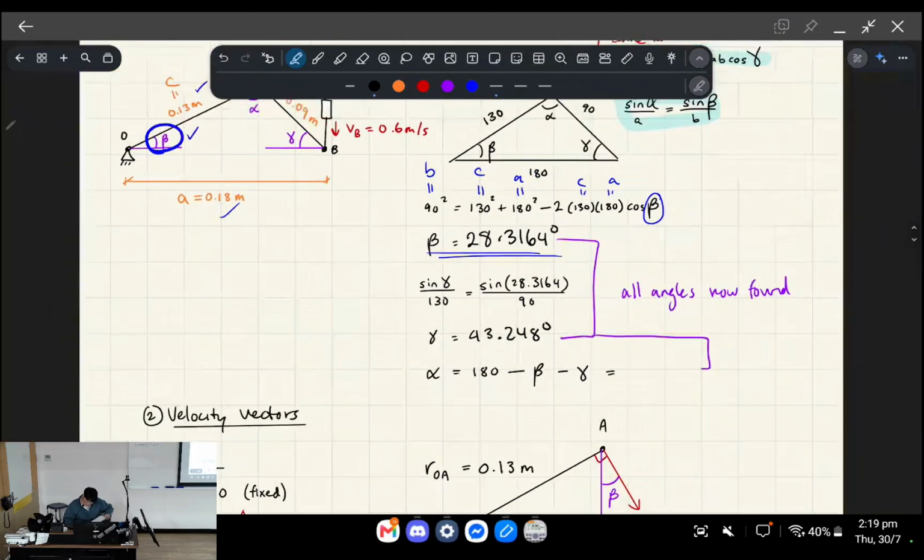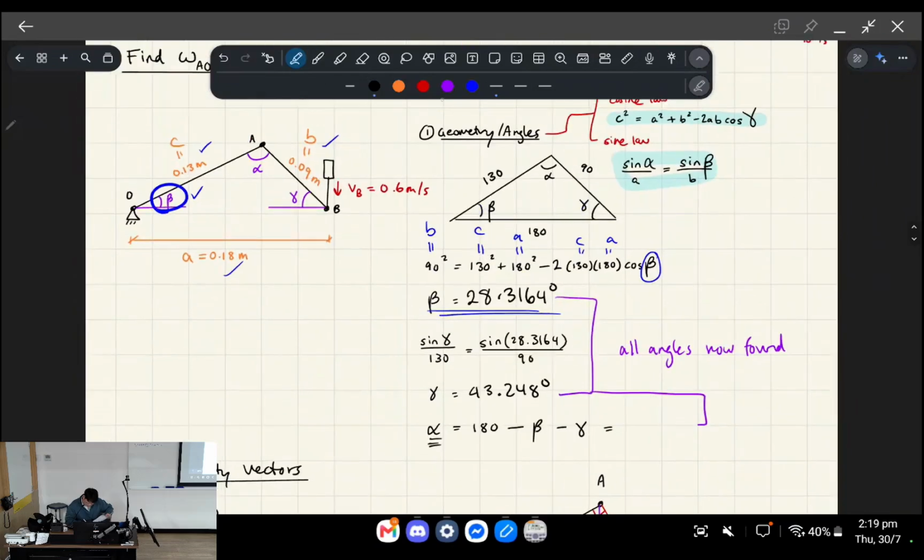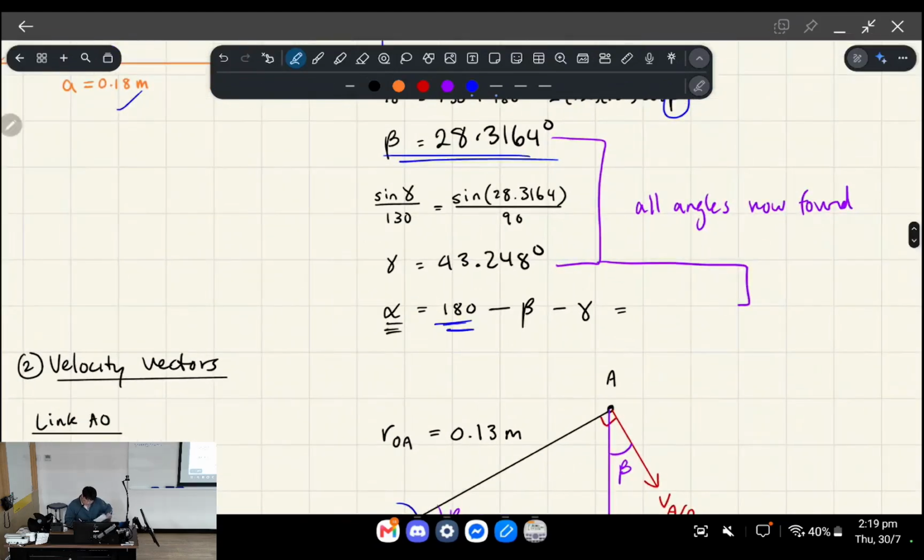For this last angle, now that we know 2 out of the 3 internal angles, the simplest thing to do isn't cosine law or sine law. It's understanding that in a triangle, all the internal angles add up to 180. So you do 180, subtract the other 2 internal angles, and it gives you the remaining angle, which is 108.436.